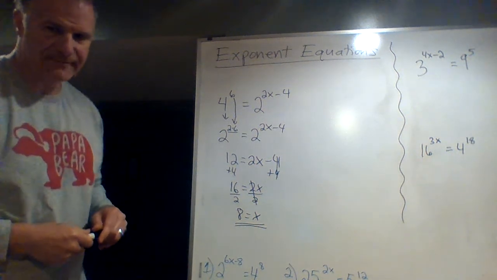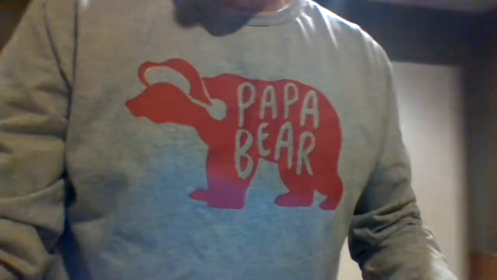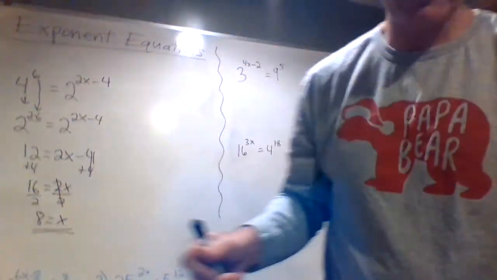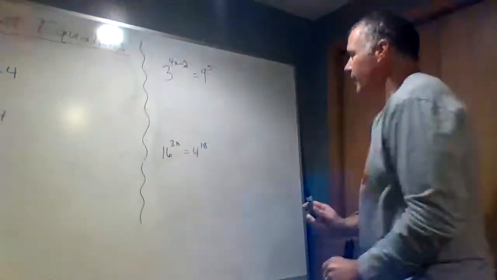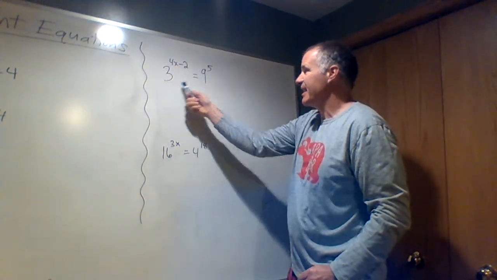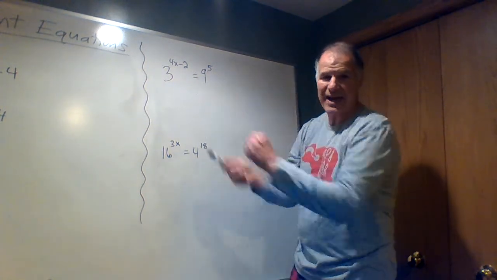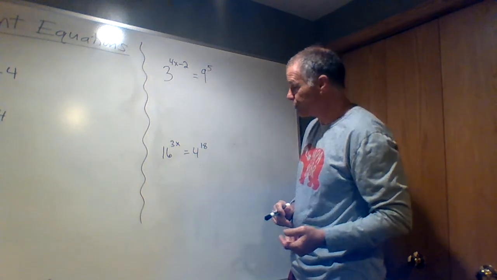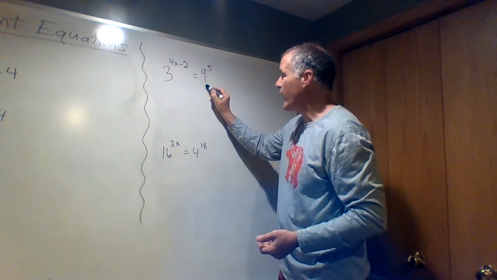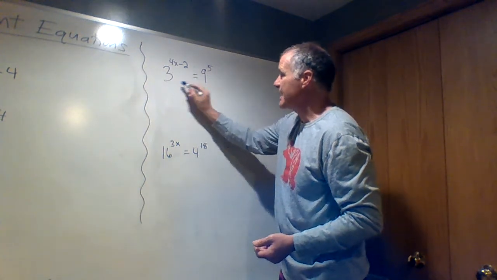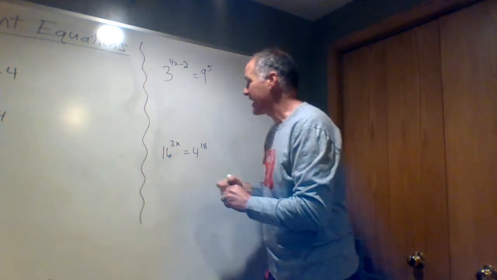Okay, X is 8. Let's try a couple more over here, a little bit different ones, but similar. So I've got a 3 here and a 9 here, right? Those do not match, but we hopefully do know that 3 squared makes 9. So 3 to the second power makes 9.